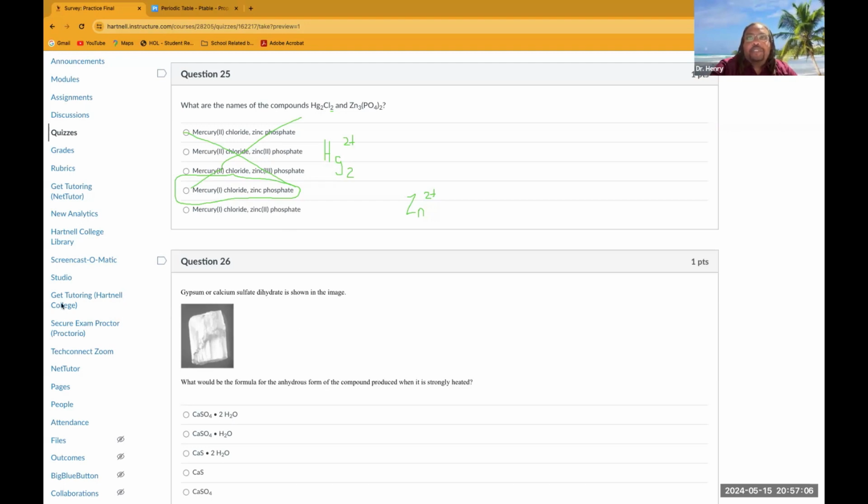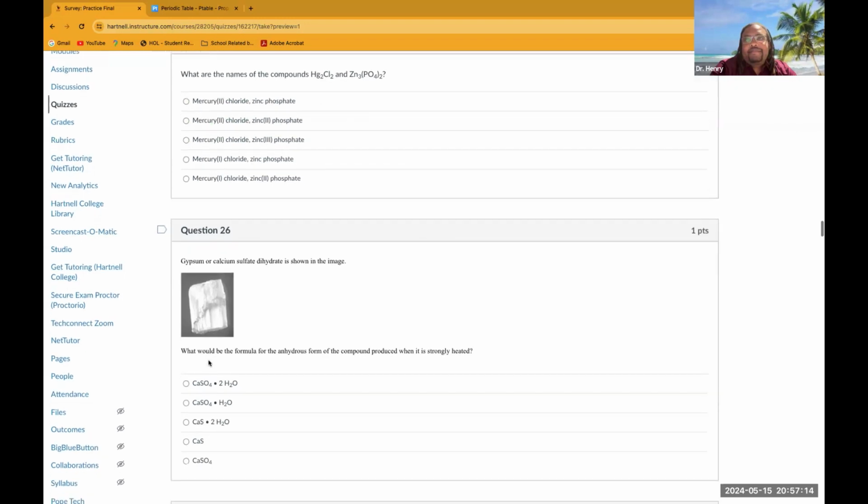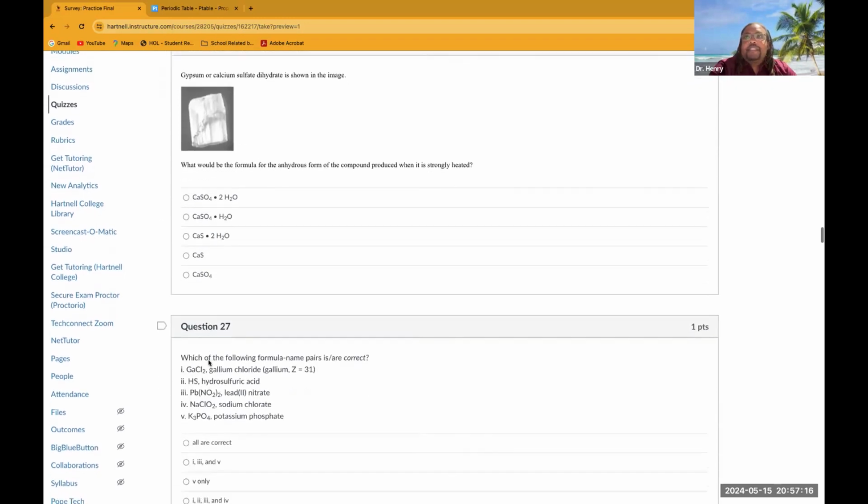Okay, you guys ready for the next one? Gypsum, or calcium sulfate dihydrate, is shown in the image. What would be the formula for the anhydrous form of the compound produced when it is strongly heated?